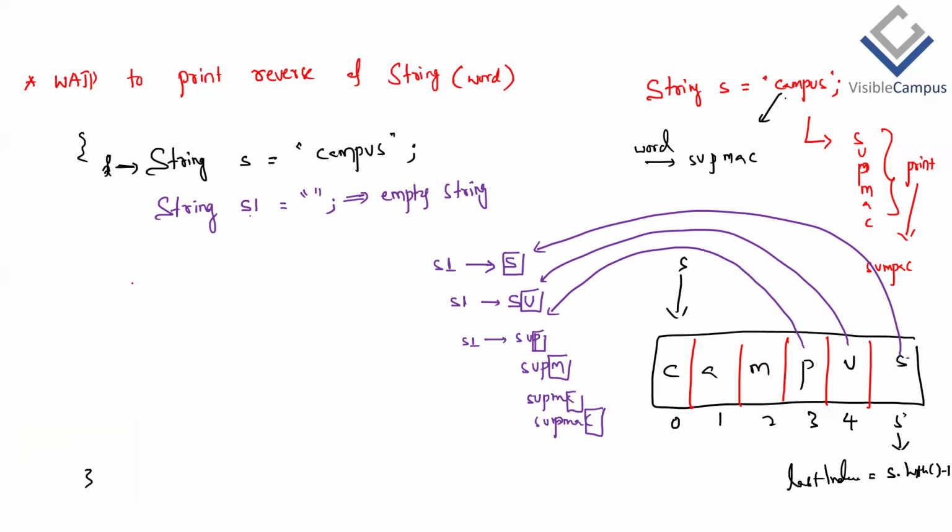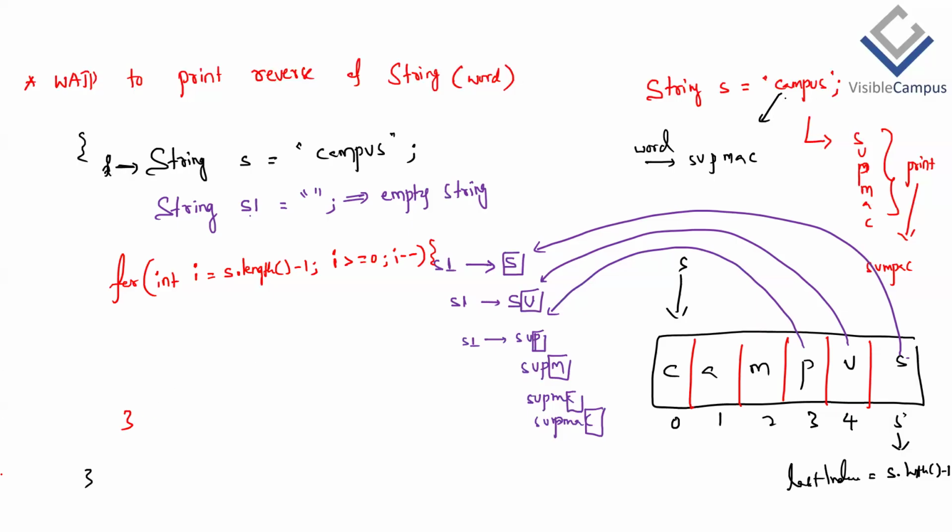So for loop, then int, because index numbers are integer type even though it is a string, int i equals the original string s dot length method minus 1. Then i should be greater than or equal to 0, followed by i minus minus. This is the reverse order of a string.